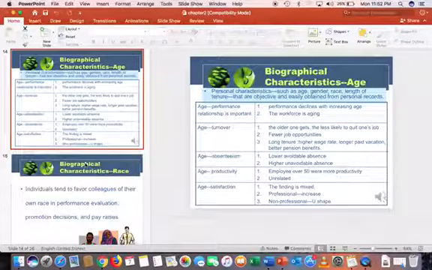Religion, why is religion important in studying individuals? Religion plays a vital role in our region, in our context. We can't say that if someone is Christian or Muslim or Jew, his behavior will be like this and that.